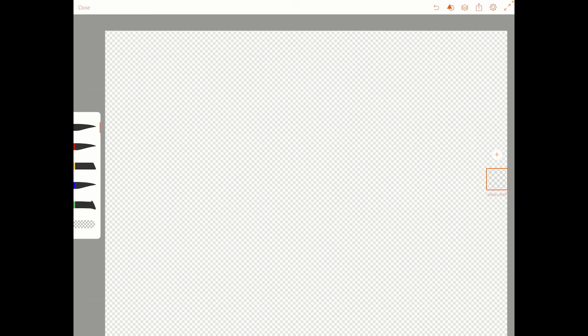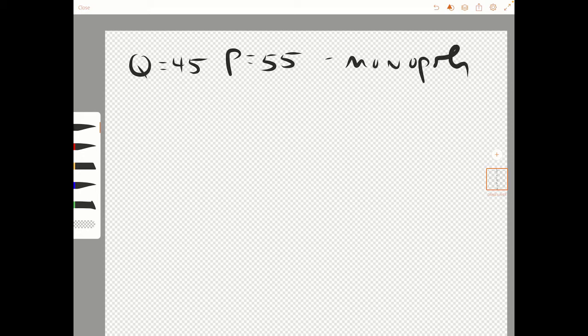So let's do that. If this was the monopoly case, remember we had already solved for the value of the output. So Q was equal to 45 and price was equal to 55. Compare that to Cournot, where quantity was 60 and price was 40.